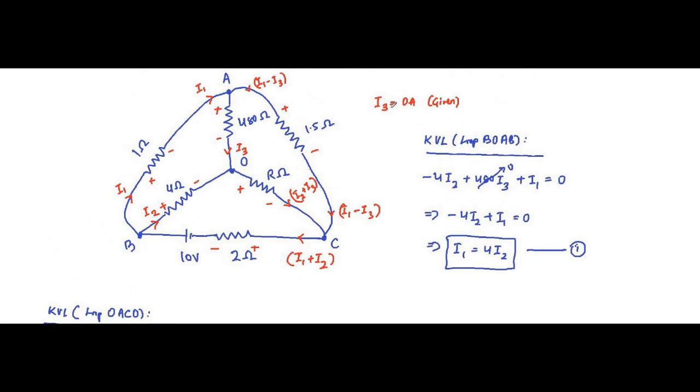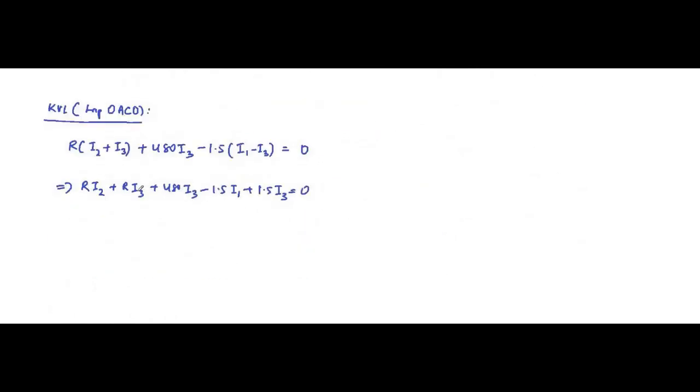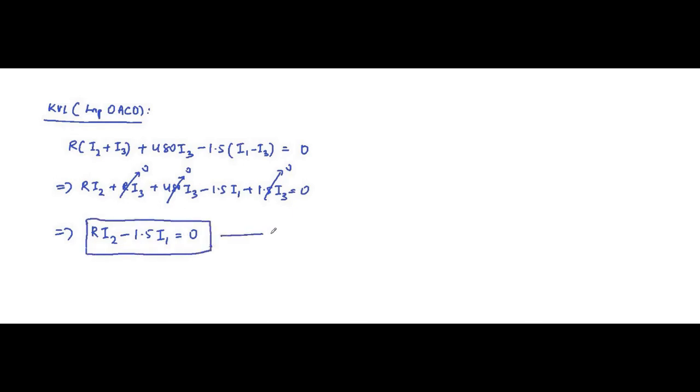It is given that I3 is equal to 0, so every term containing I3 will be 0. So we are left with only RI2 minus 1.5 I1 is equal to 0. This is the second equation.